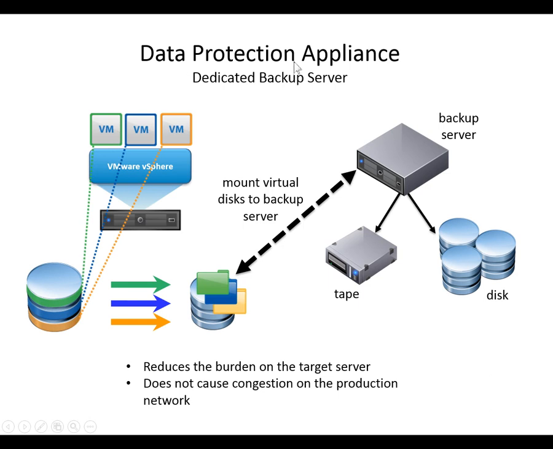What it does is it backs up the VMDK files and can save them to tape. And the advantage is that it reduces the burden on the server being backed up, and it does not cause congestion on the production network.